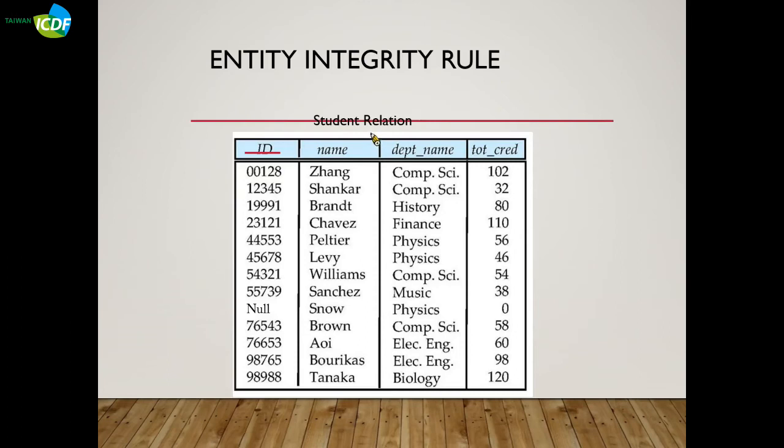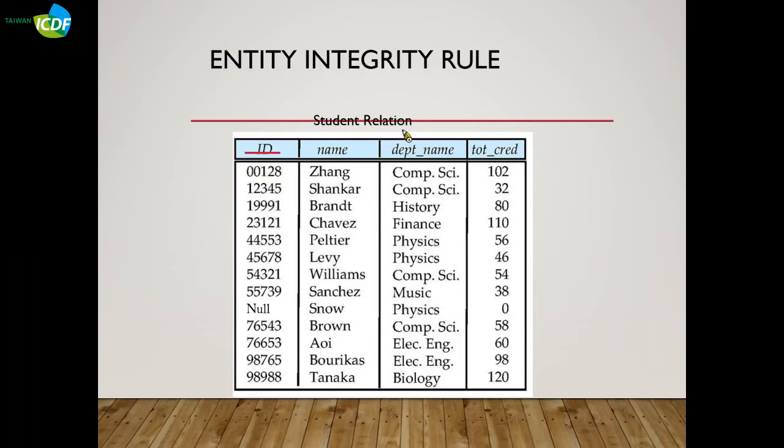That is, the entity integrity rule is usually used to check whether the data in the tables is complete or not. Now, let's take the students relation as an example to show the importance of the entity integrity rule.